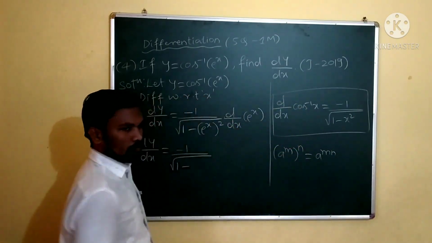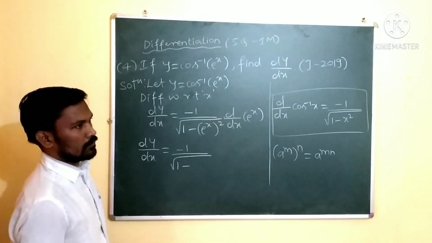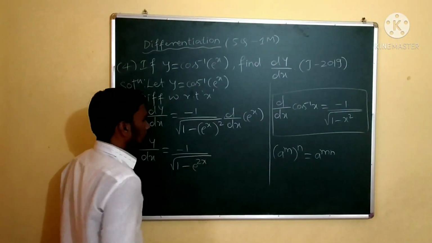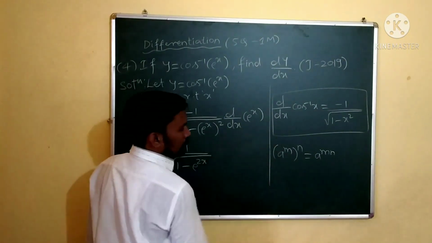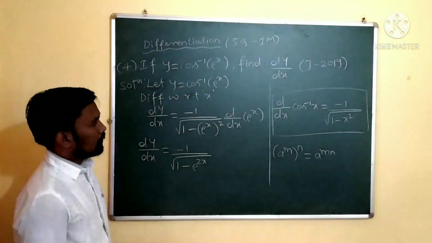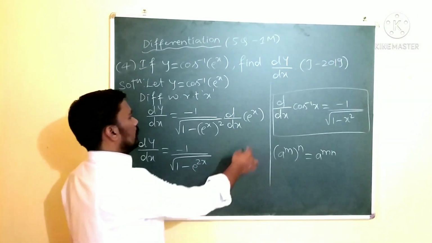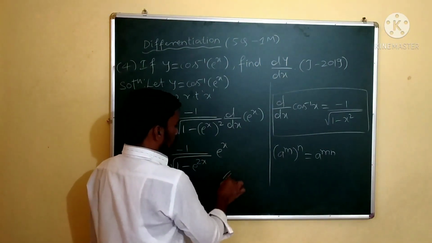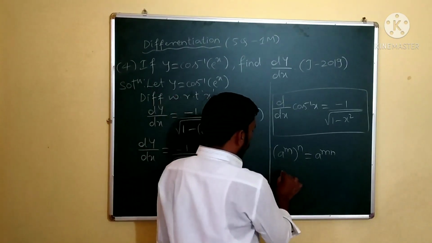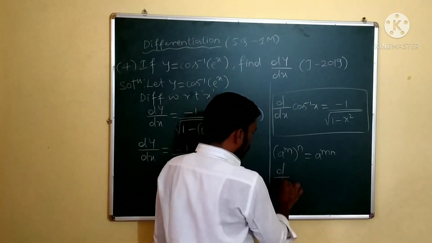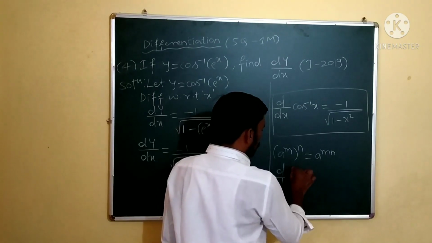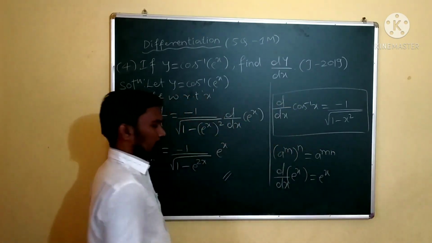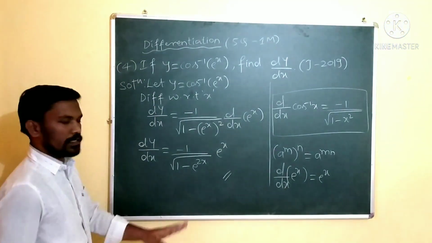So x into 2 is 2x, e to the power of 2x. And e to the power of x is a standard function. Okay, it's not a composite function. So derivative of e raised to x is simply e raised to x only, which is the required answer. Derivative d by dx of e raised to x is e raised to x. e raised to x is a standard function, and its derivative will be the same, e raised to x only.